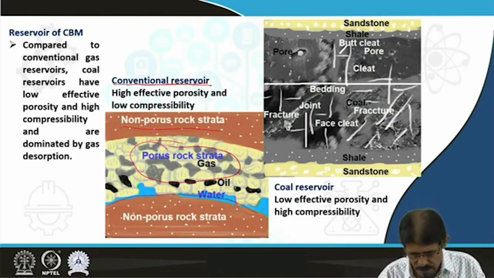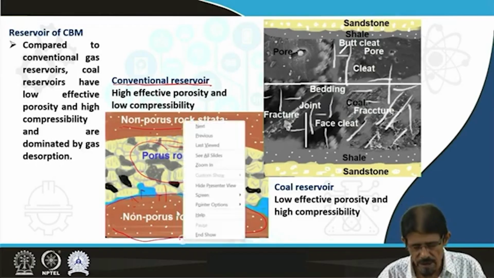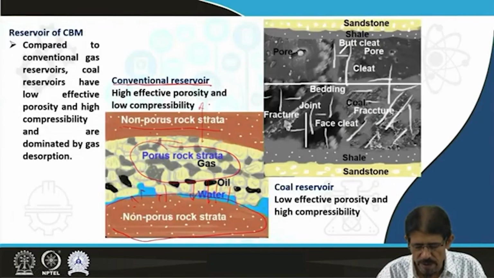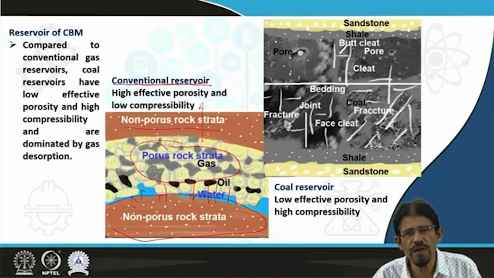The base is also impermeable, so it does not allow movement of the oil and gas toward the downside, and does not allow it to move upward to break the seal.